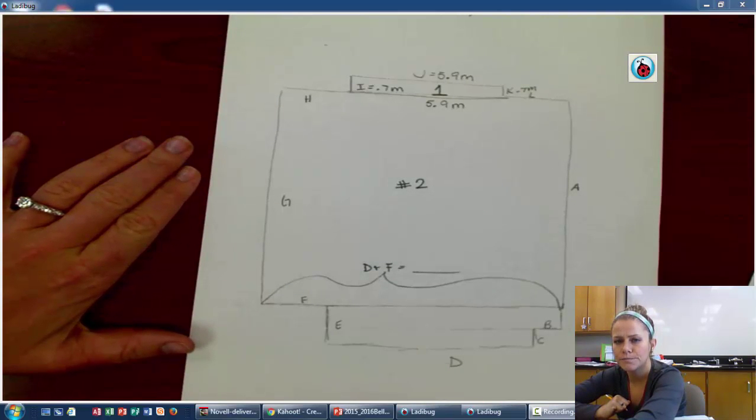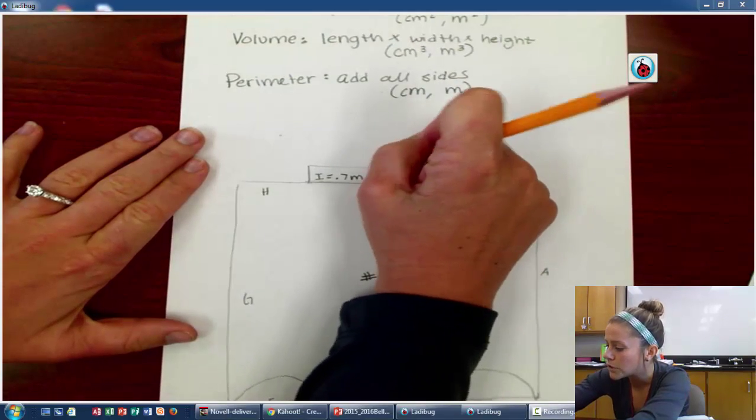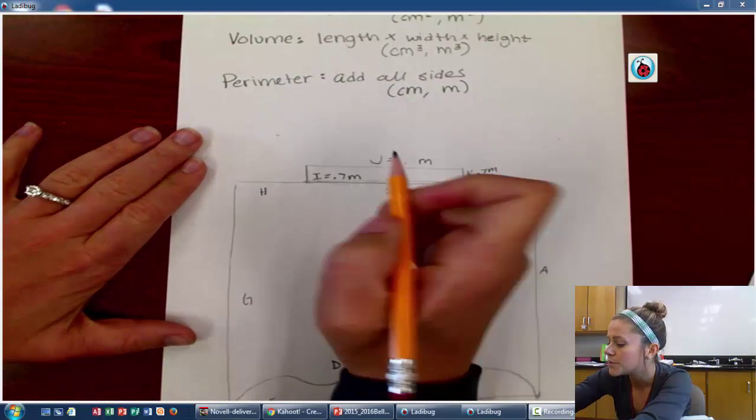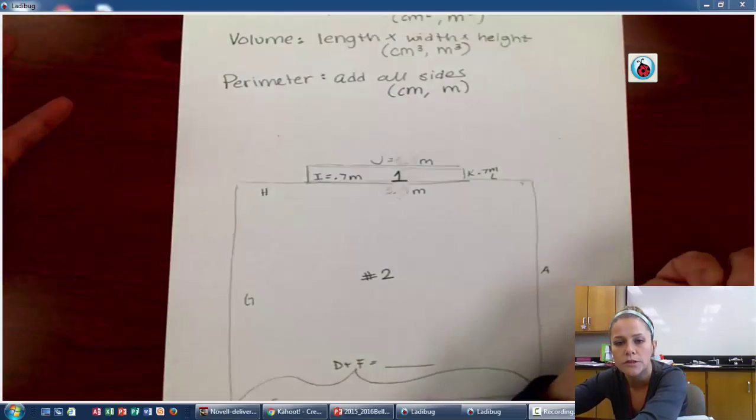And to make our lives easier, why don't we just round our measurements when you're doing this to the nearest meter. Just kind of make our lives easier that way.